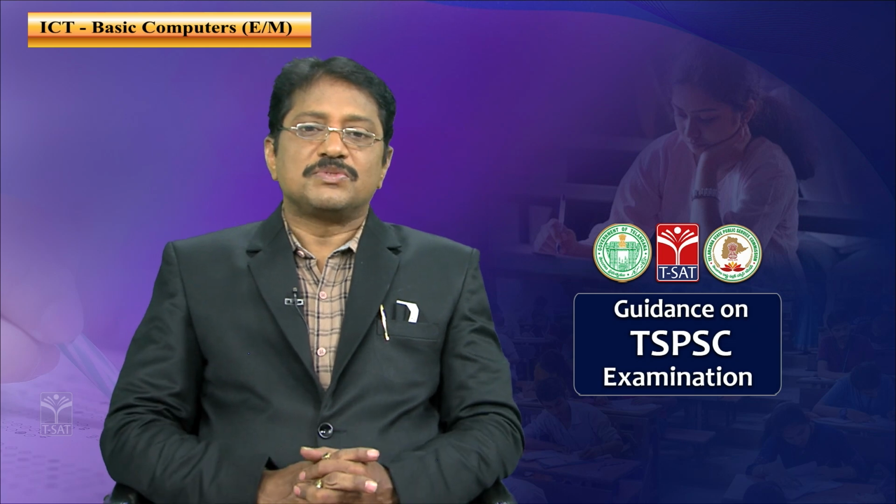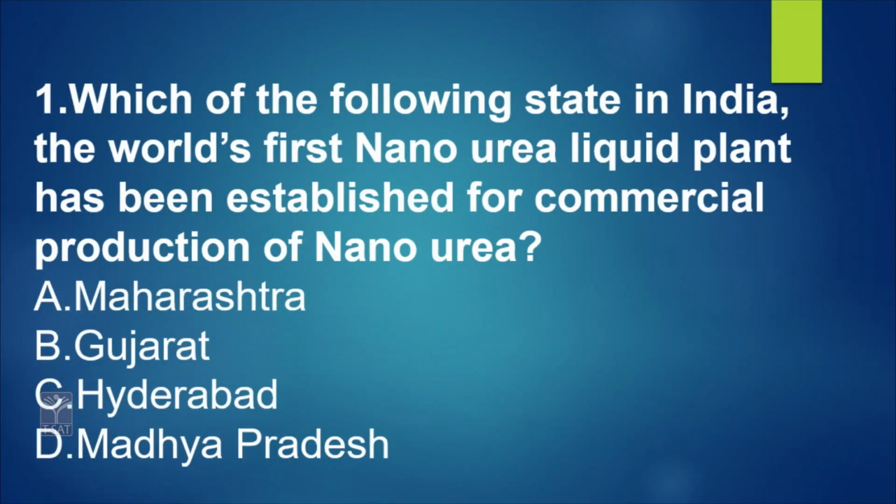Okay. Which of the following states in India has the world's first nano urea liquid plant been established in, for commercial production of nano urea? This is a question that was given in the examination. The options are given: Maharashtra, Gujarat, Hyderabad, Madhya Pradesh.